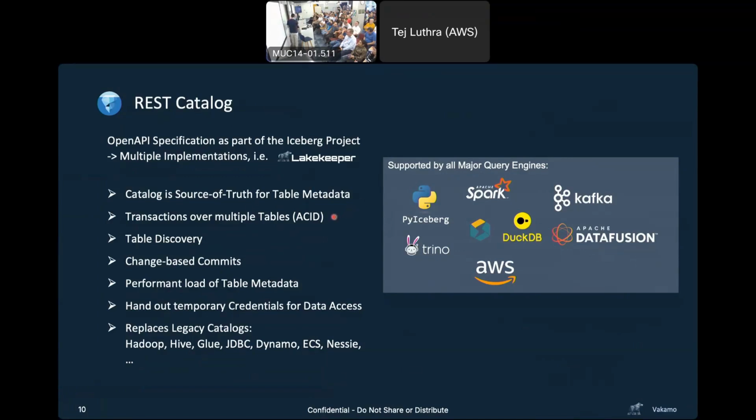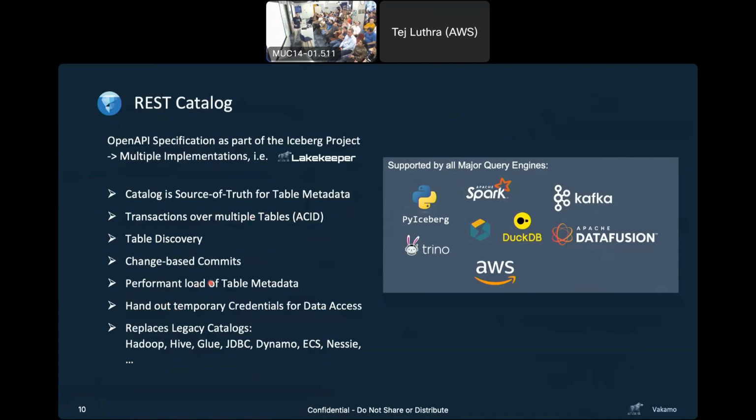If you have multiple tables on S3, it's really hard to have a transaction that spans multiple tables. And this is what we have the catalog for, which can do this. There are a few more advantages on why we need this catalog. I guess sufficient to say today, this is a required component. If we build a lakehouse, we need a catalog.